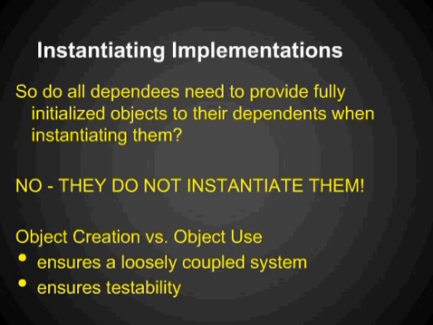What I want to press upon you is there's really two stages to your application. There's the very beginning, right before your application starts, when you create all the objects you're going to need during the lifetime of the application. And then once you've created everything, you kick off your application, and now you use all those pre-created objects, and off your application goes and does all of the things it's supposed to do.